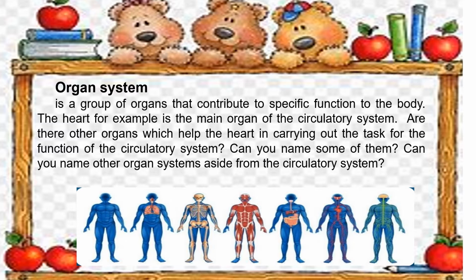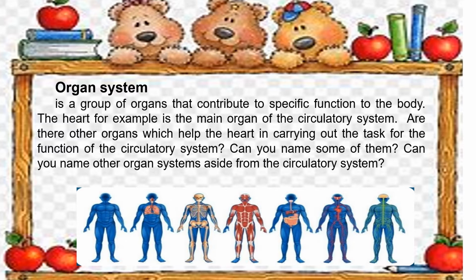Now, what is an organ system? An organ system is a group of organs that contribute to a specific function of the body. The heart, for example, is the main organ of the circulatory system.